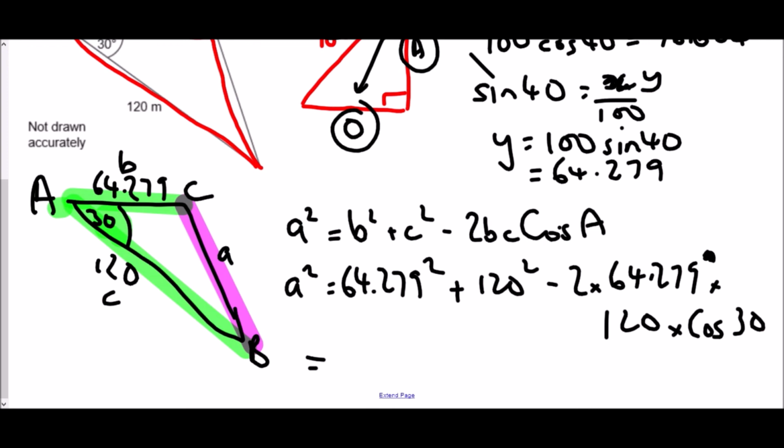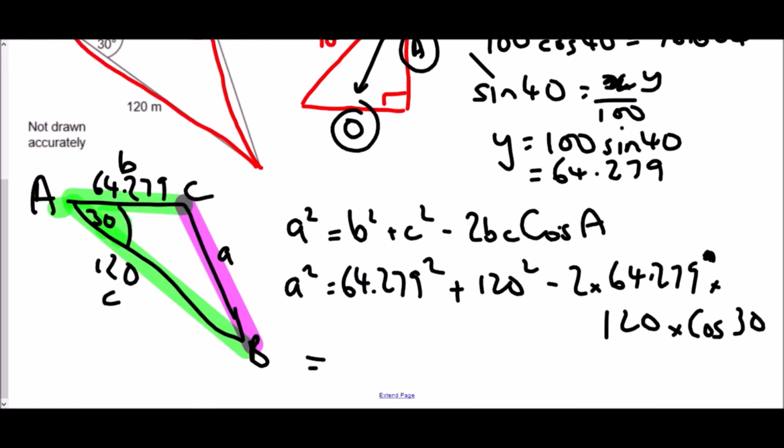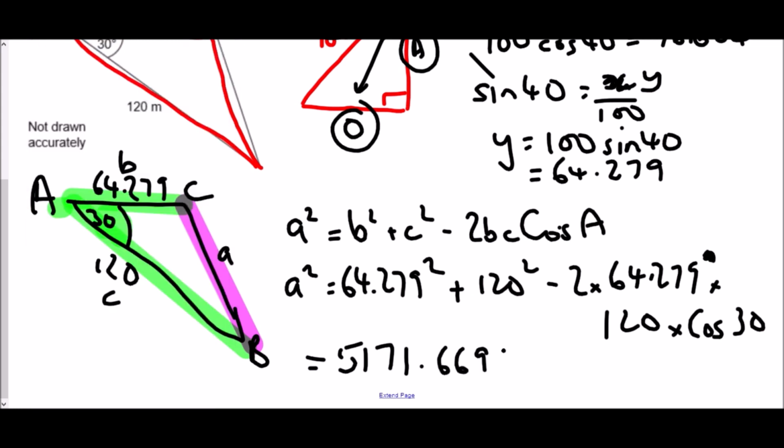And here we can now put all of that straight into the calculator in order to get A squared, and helpfully we've still got 64.279 on our calculator, so this time we can actually just put ans squared plus 120 squared, take away 2 times ans times 120 times cos 30 and press equals, and we get 5171.66953, but that is A squared.